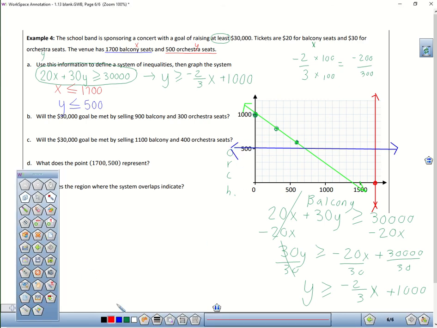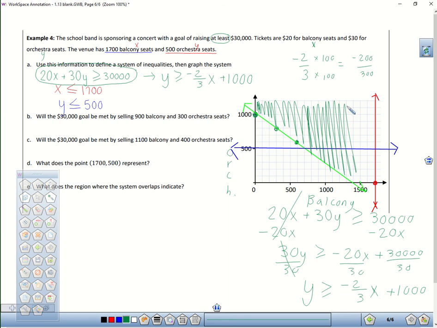Now we have to determine our shaded regions. For the first inequality, y is greater than, so we're going to shade above. For the red, we know that x is less than 1,700.